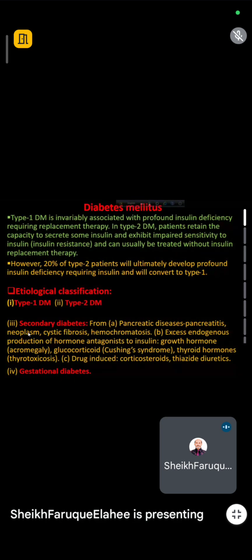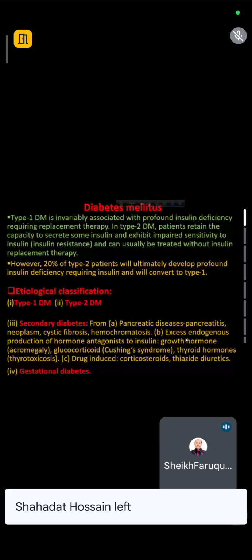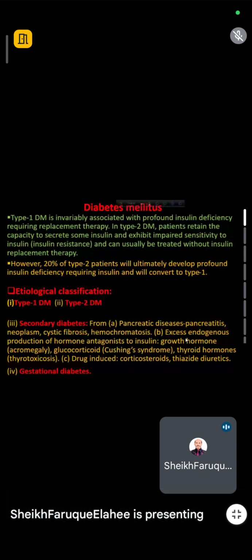Or it may occur also due to production of excess hormone antagonistic to insulin. There are so many hormones in the body. Say growth hormone, then glucocorticoid, this cortisol hormone, thyroid hormone. So these are antagonistic to the action of insulin.